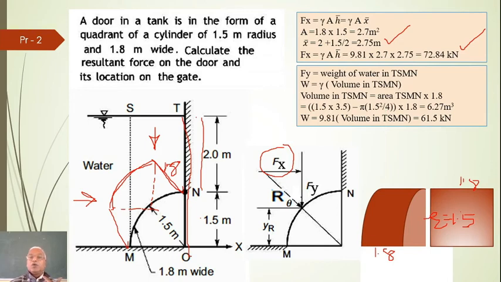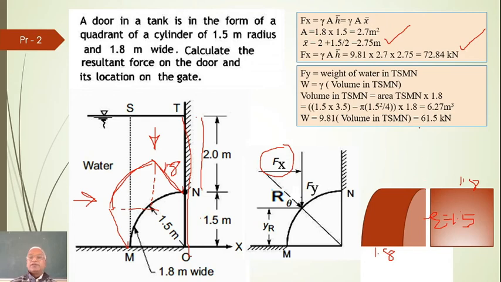This whole thing multiplied by 1.8 gives you the volume. The area of TSMN I have calculated as a rectangle minus a quadrant of a circle, and this multiplied by 1.8 gives 6.27 meter cube as the volume.